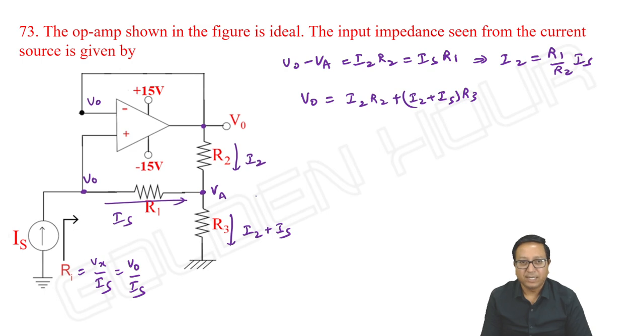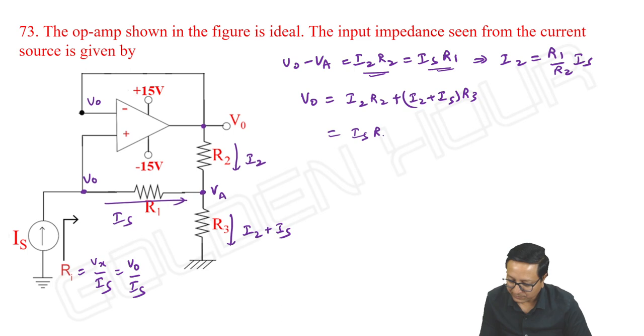And instead of I2 into R2, I can write Is into R1 also. Nothing to worry about it. We can write even that also, because here we have I2 into R2 is equal to Is into R1. Is into R1 plus, what about I2? It is R1 by R2 into Is, plus Is multiplied with R3.